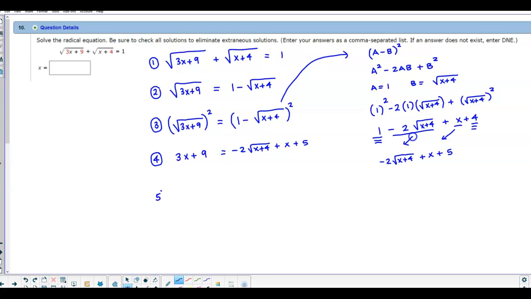Now the next step is we're going to bring all the terms to the left side of the equation that we can bring. So we're going to subtract the x, and then we're going to subtract 5 from both sides of the equation. So we end up with 2x plus 4, and that's going to equal negative 2 times the square root of x plus 4.